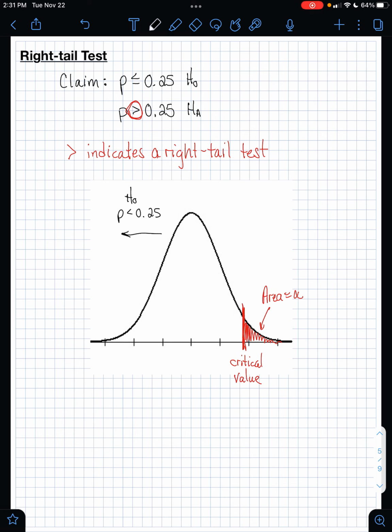So if we find a large probability, if it's far enough off to the right, that might suggest that H sub 0 is incorrect. Ooh, excuse me. Got my words confused there.